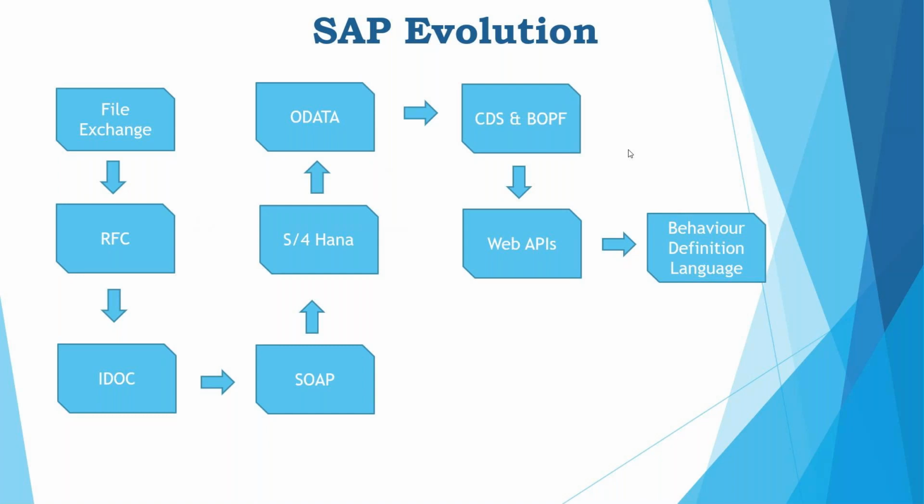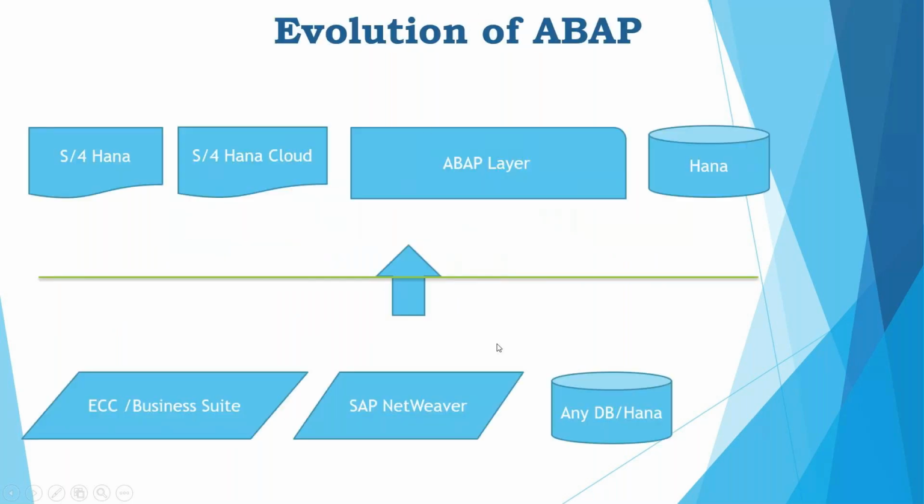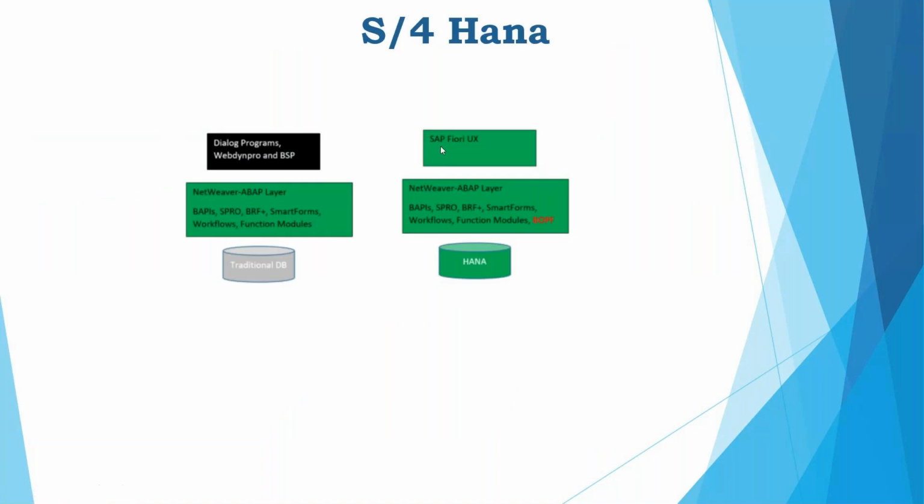So the next is called S4 HANA. We know that in 2014 SAP introduced S4 HANA, and a big evolution has come. Whatever the complex logic is, you can handle it in S4 HANA easily using a lot of new approaches like the code paradigm shift and push down techniques.